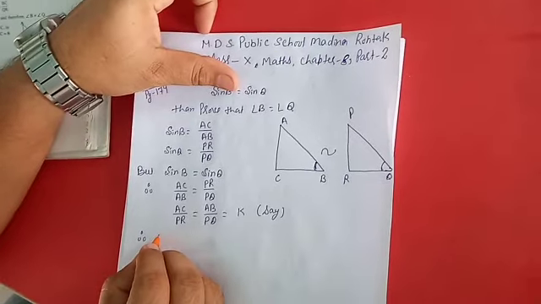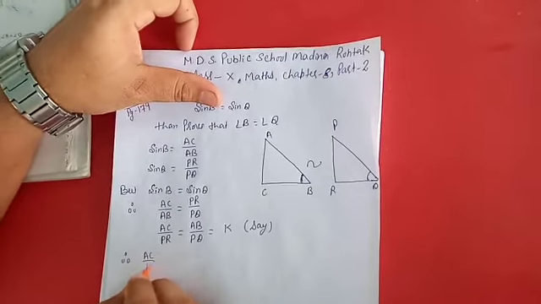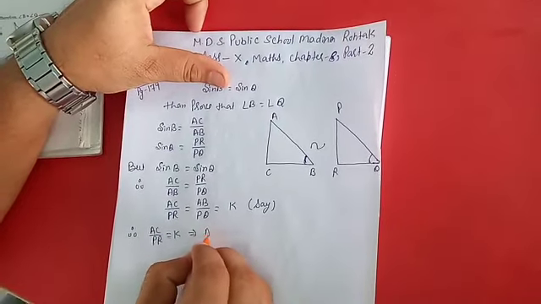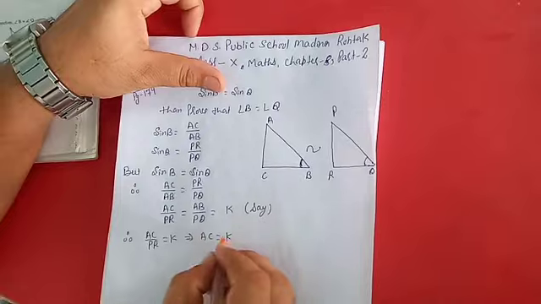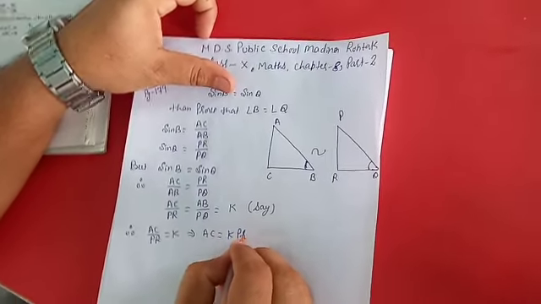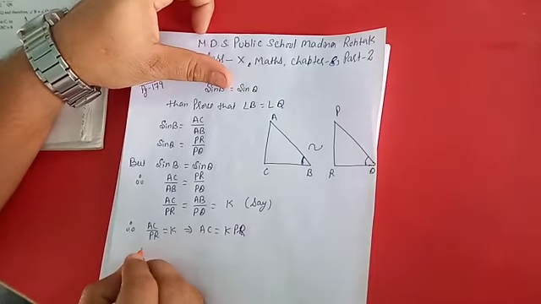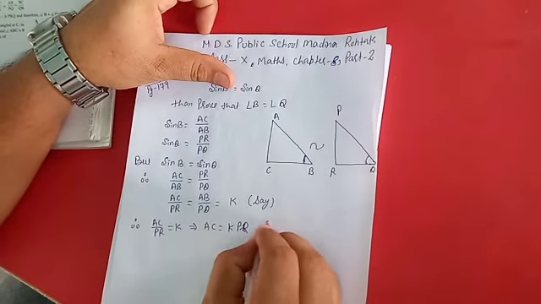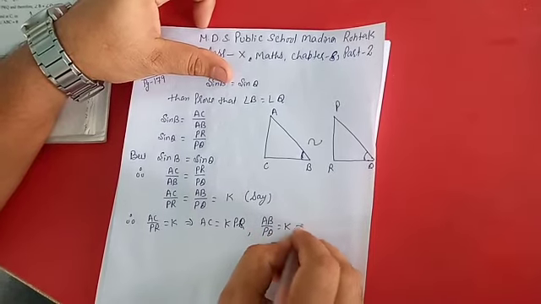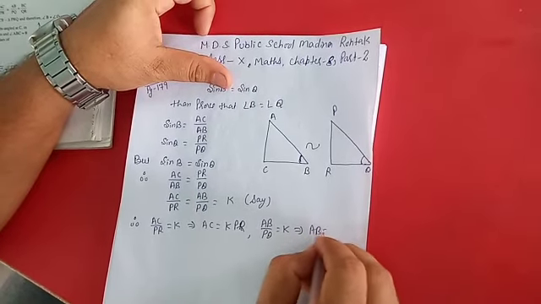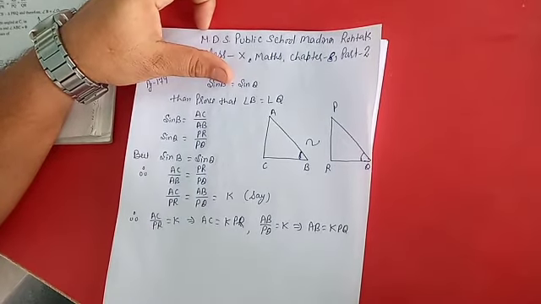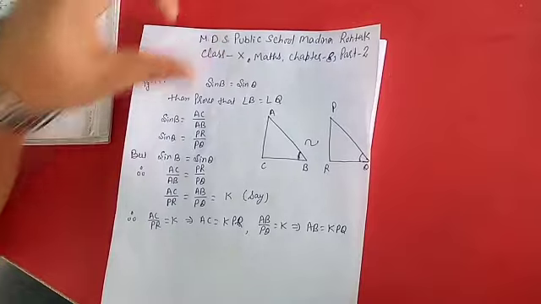AC by PR equal to K. This implies AC equal to K PR. Similarly, AB by PQ is equal to K. This implies AB equal to K PQ. Yes or no? Understood?